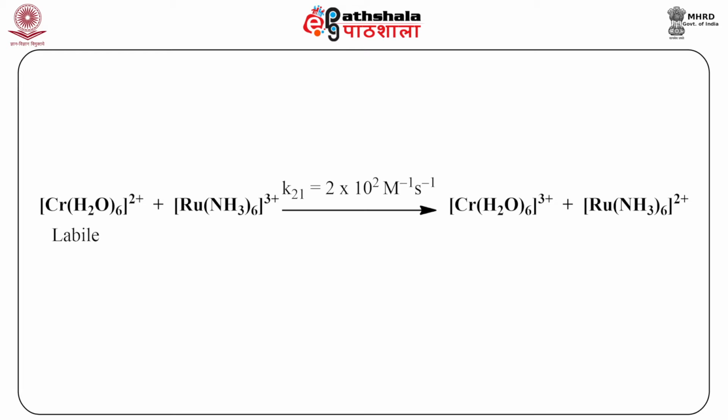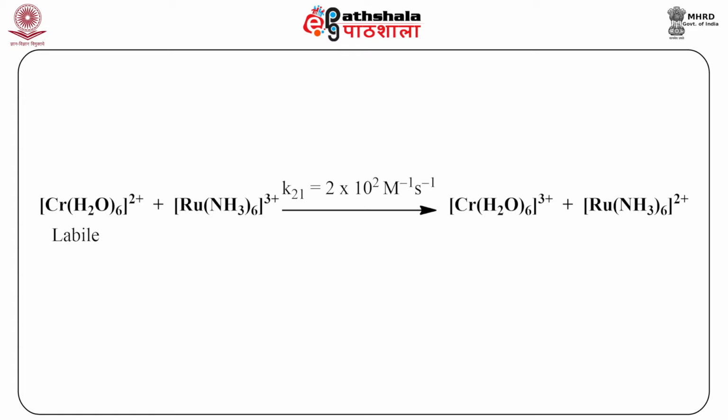It is well known that chromium hexa water 2 plus complex is a D4 system and it is labile, and in this case ruthenium is attached with the bit stronger ligands, that is ammonia, and it is 3 plus, so it is basically D5 in configuration, and it is highly needy of getting 1 electron to complete a D6 configuration. So chromium is going to be stabilized by converting chromium 2 to chromium 3, that is D3, and of course ruthenium 3 plus, that is D5, is getting 1 electron and it is converted to ruthenium 2 and it is D6.